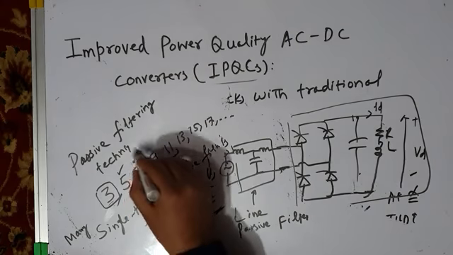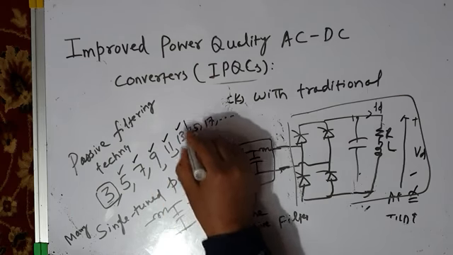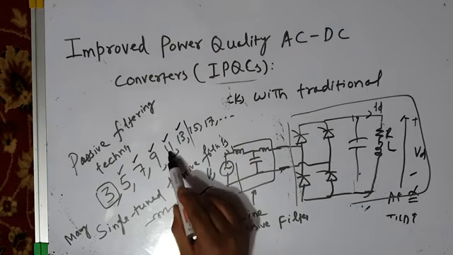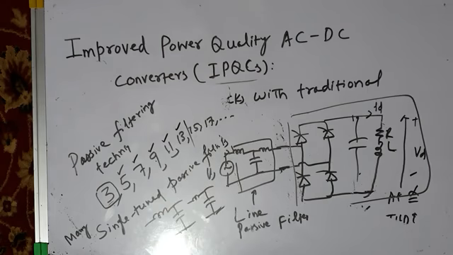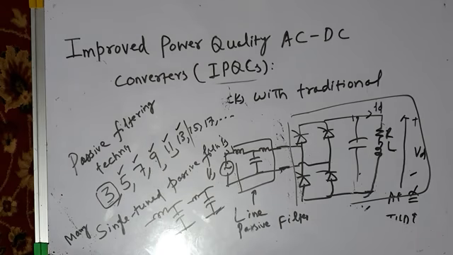Similarly, for suppressing or eliminating 7th harmonic, 9th, 11th, and 13th, you need 4 more single tuned filters. So how many single tuned filters you need? 1, 2, 3, 4, 5, 6. And these single tuned filters are very large in size. Why?